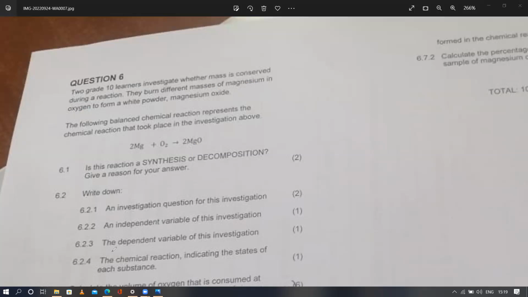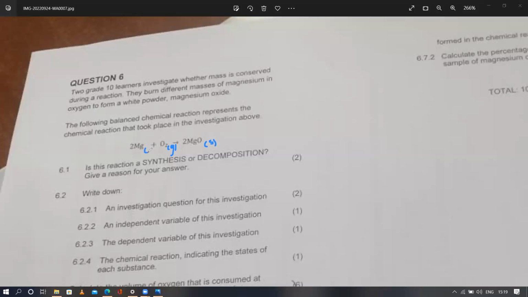So they say write the chemical reaction indicating the states of each substance. You know, oxygen O2 is going to be a gas. They already told you it's a white powder, so that means it's going to be a solid. Why is it a solid?